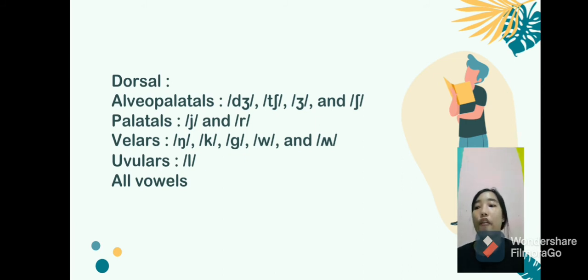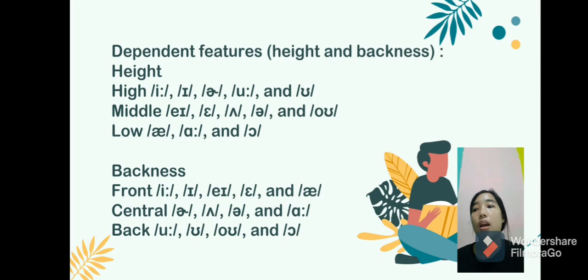It's about alveopalatals, as you can see on the slide, then palatals, velars, uvulars, and all the vowel sounds. For the dependent features, it's about height and backness. You can see height: high, middle, and low. And for backness, there are front, central, and back.